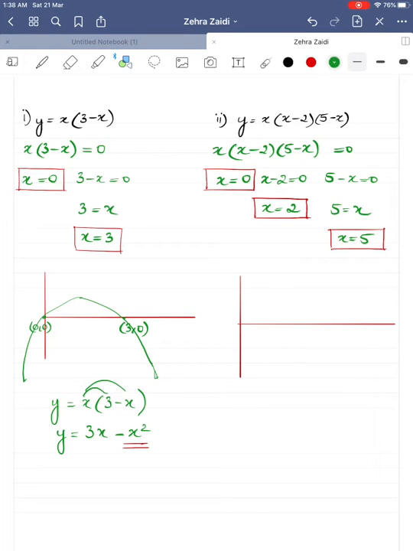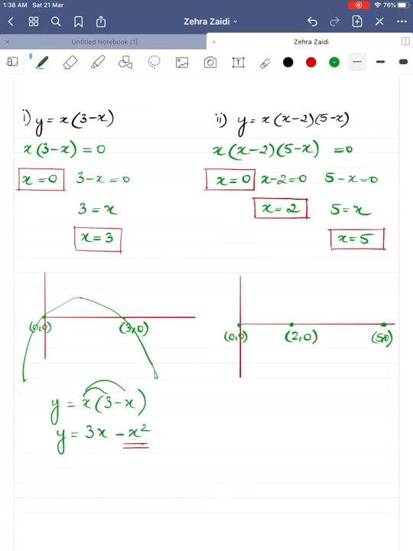So the curve is crossing at 0, 0, at 2, 0, and 5, 0.